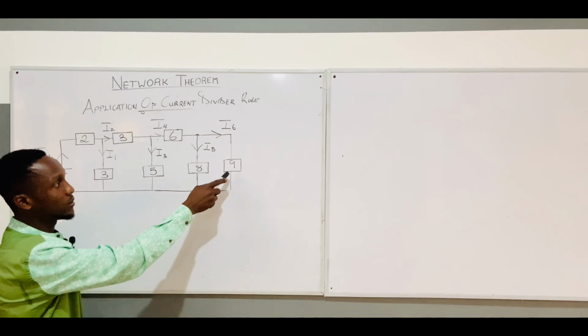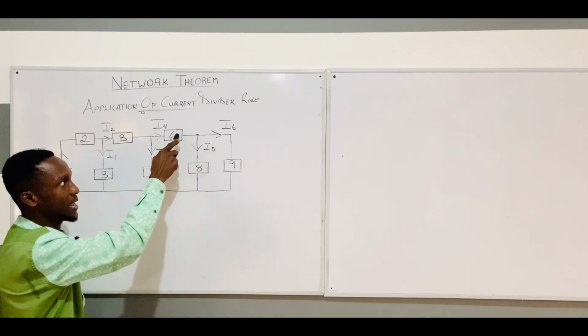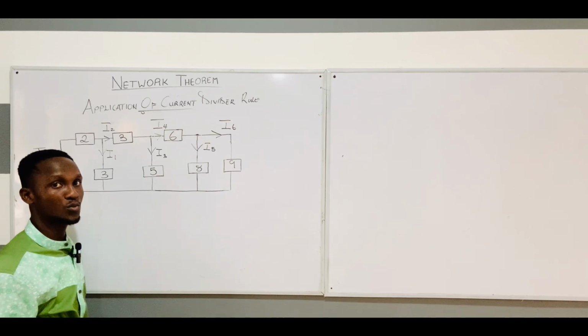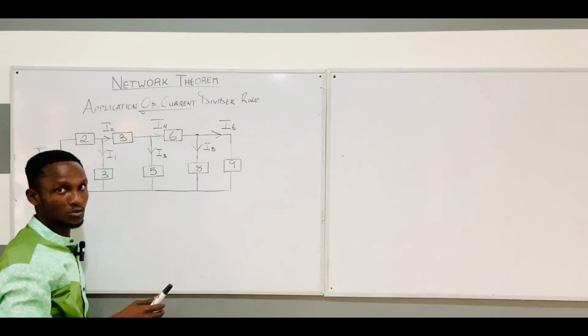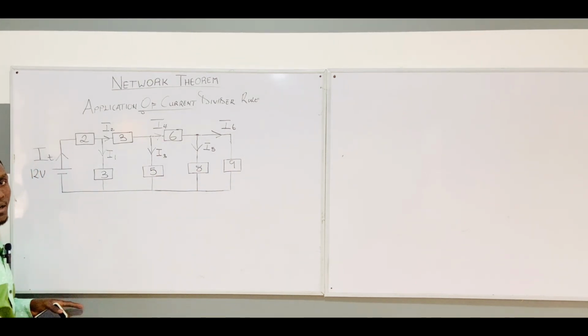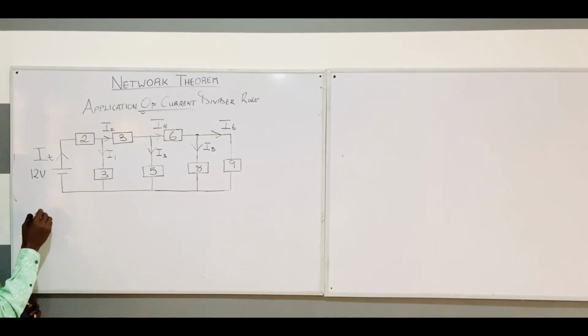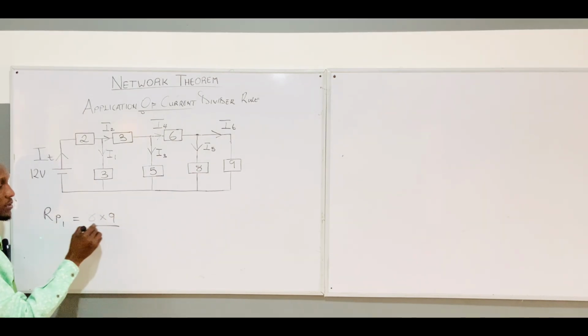So to resolve this portion of the circuit, let us call it RP1, which stands for R parallel 1. So our RP1 will be equal to this 8 times 9 divided by 8 plus 9.